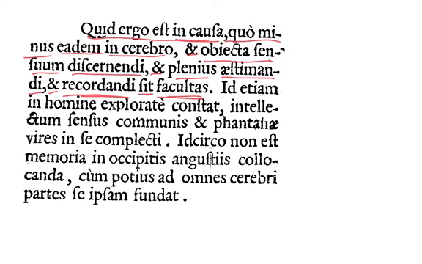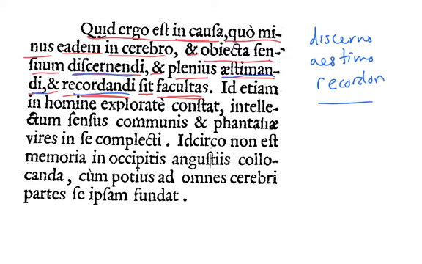We have thus these three gerunds, discernendi, aestimandi, and recordandi. The first are from what you might call regular verbs, discerno and aestimo, and the third is from recordor, the deponent verb, to remember. Each one of these is a gerund, that is a verbal noun, not a gerundive, verbal adjective.